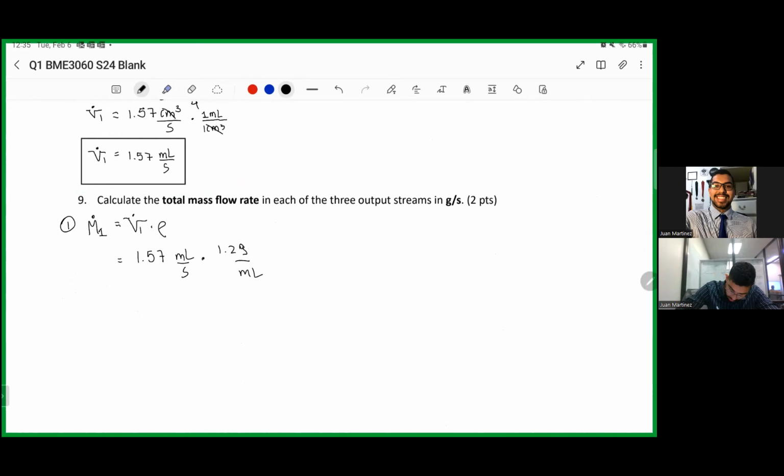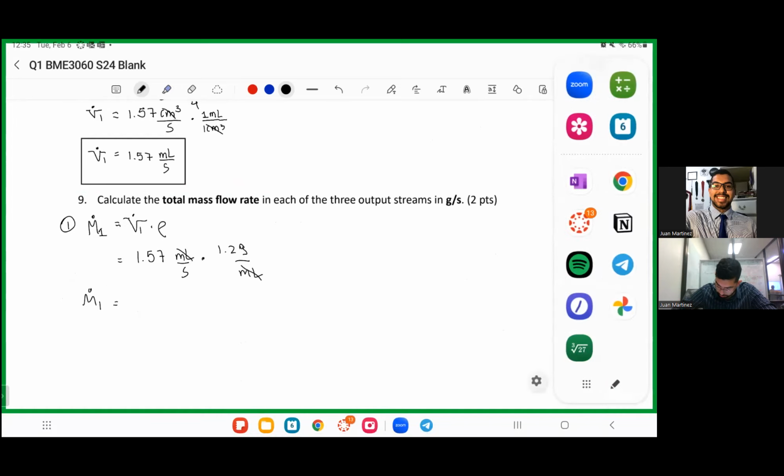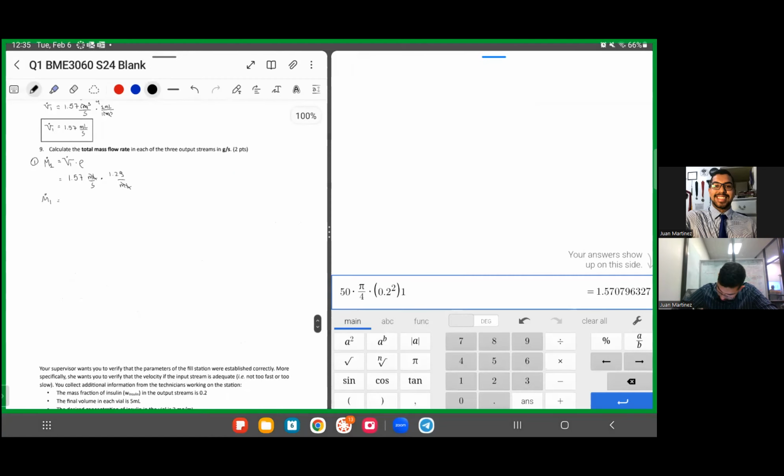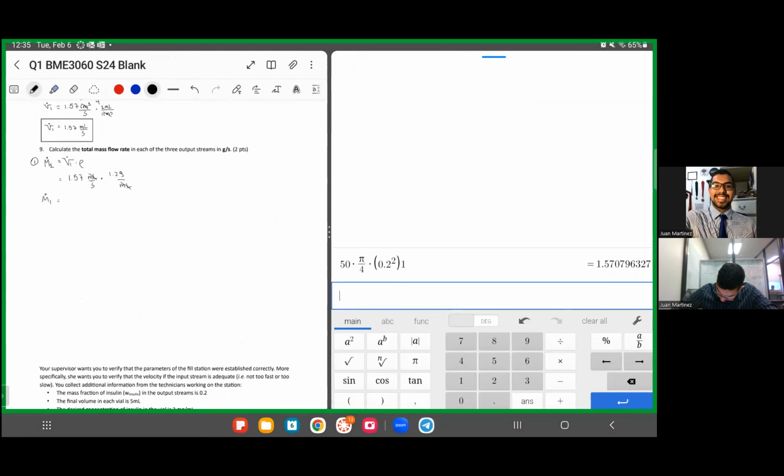So we get the answer for the input. Remember, it's not our final answer, but it's part of the construction. It's going to be 1.57 times 1.2.